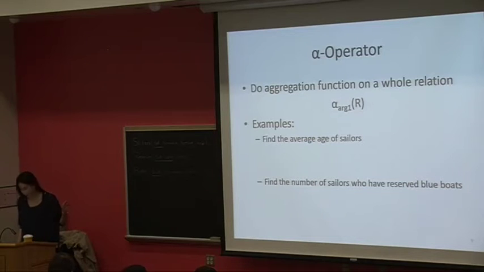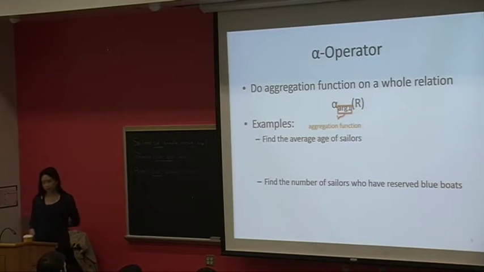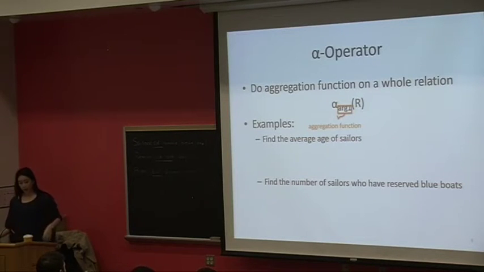Okay, so that's the formula for that. We will put alpha and a subscript, we put 1 argument, and we put r as the input. For the argument 1, we call it the aggregation function. So right there you can say I want to take the average, I want to take the maximum on what? And r is just simply the relation you want to work on.